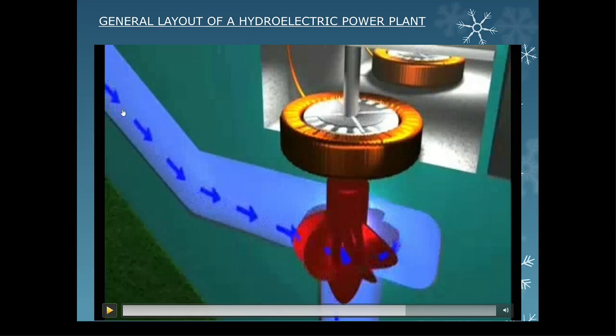As the water pressure increases as it moves down the penstock, it drives the turbine, and this turbine is connected to the generator, and inside the generator the rotor is spun by the turbine.